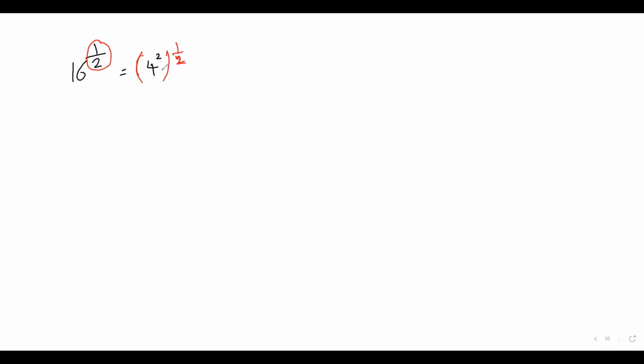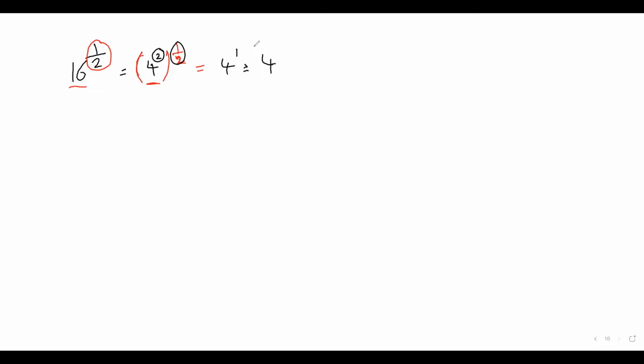So basically, the only change I made is to rewrite 16 as 4 raised to the power of 2. And then if you use the third law, basically you multiply these two by each other. So 2 times half is 1, and the final answer is 4. So 16 raised to the power of half gives us 4.